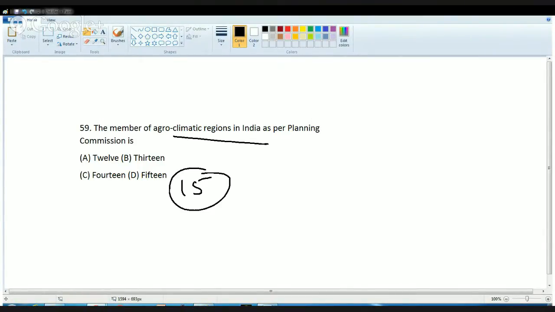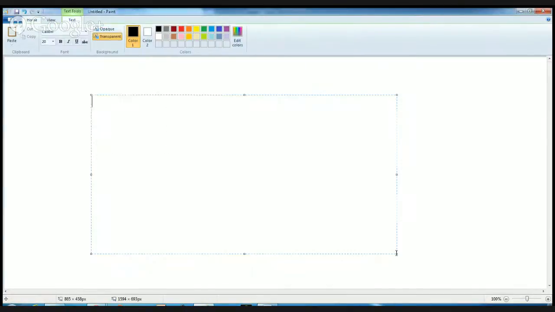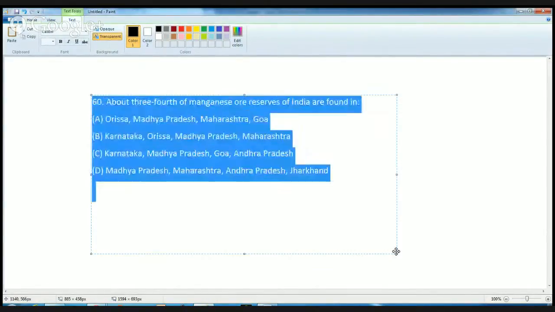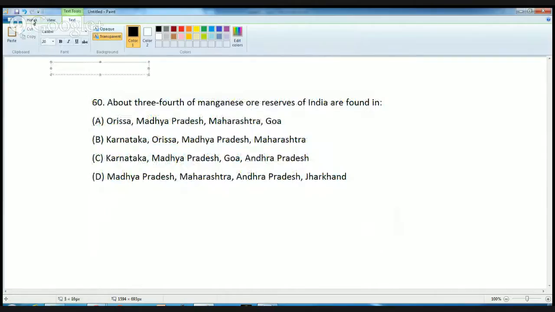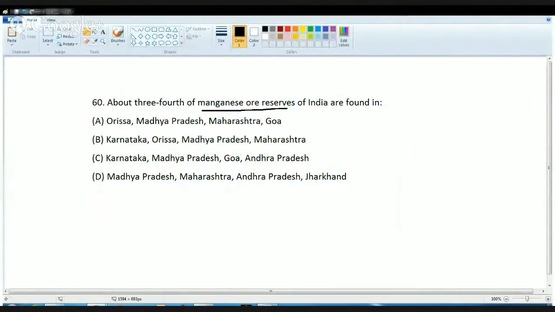The next question is about the mineral resource in India. So you have a list of mineral resources, a list of states, and you have to find in which state the main source of manganese is found. Now, before we start with this, it's important to understand the distribution of manganese in India.